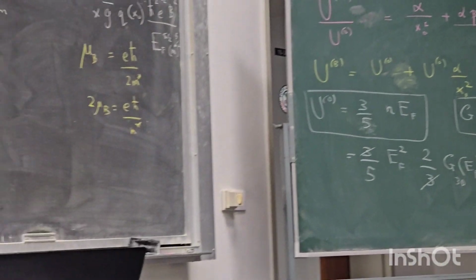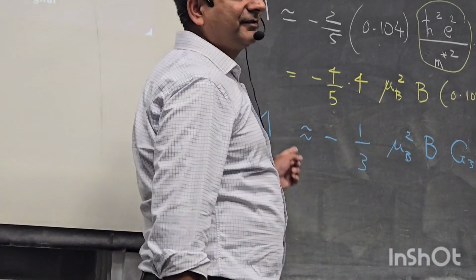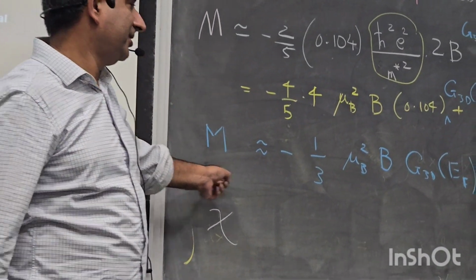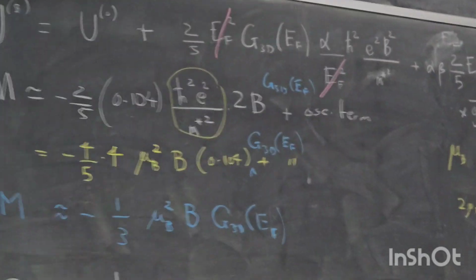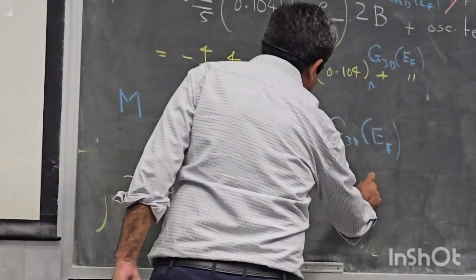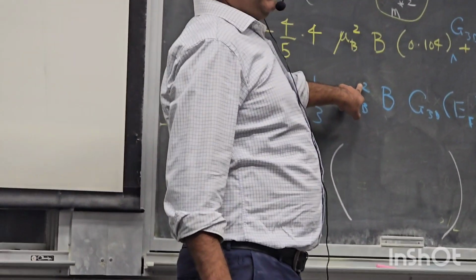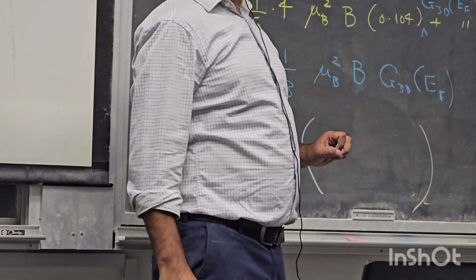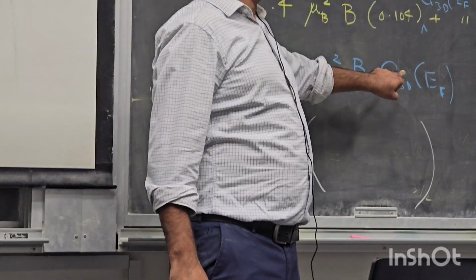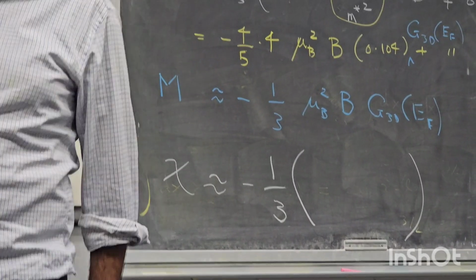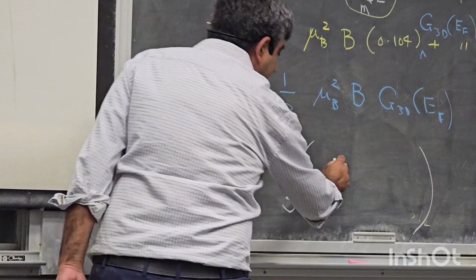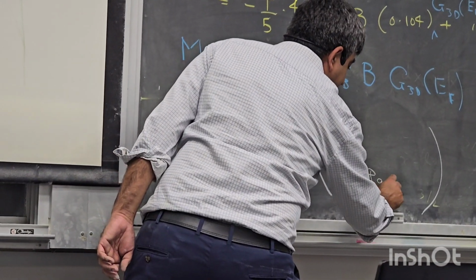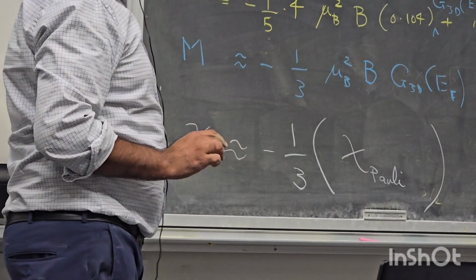So the susceptibility is M over H. B is mu naught H, so the susceptibility is minus 1 by 3. And all that is left over here is mu B squared, mu naught, G3D EF. If you recall, that's the Pauli paramagnetism. Pauli paramagnetism.